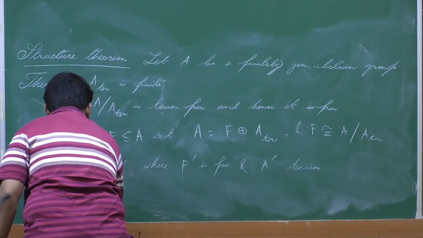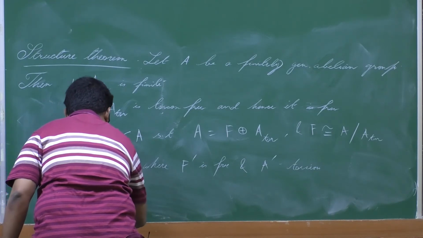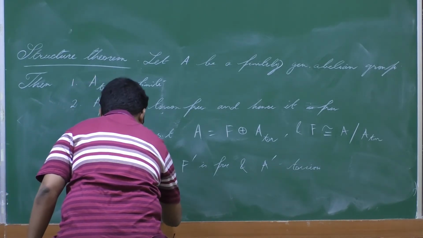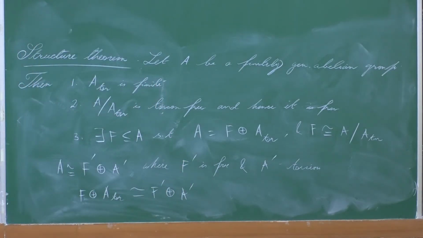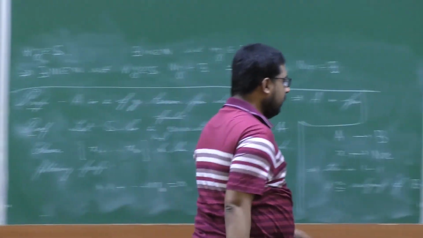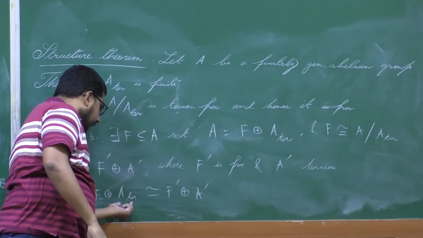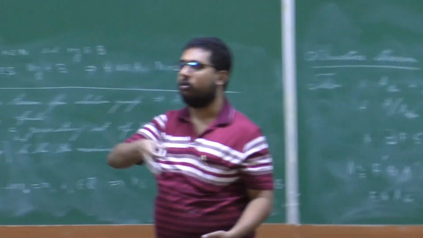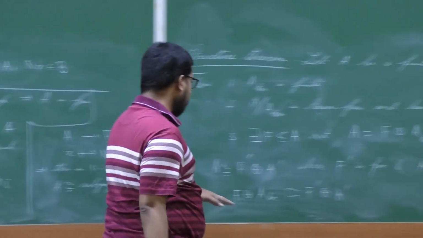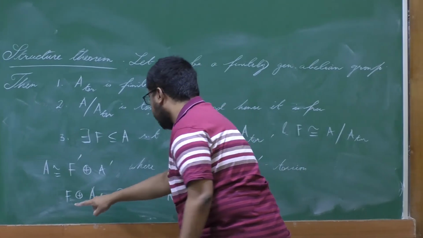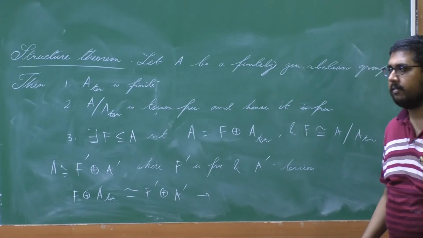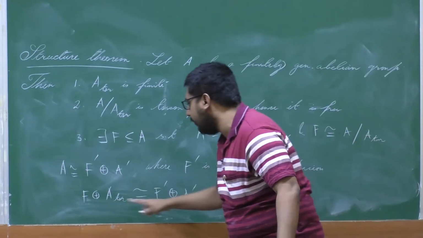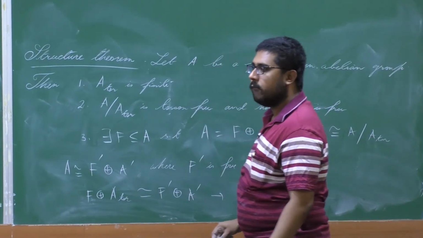Then of course we will have an isomorphism between these two. By an isomorphism, elements of finite order go to elements of finite order and vice versa. So this isomorphism will send A tor to A prime. Now when you take the quotient, it induces an isomorphism between the quotient by A tor and the quotient by A prime, and that will immediately give you that F and F prime are isomorphic.